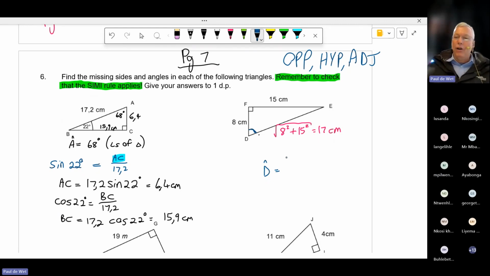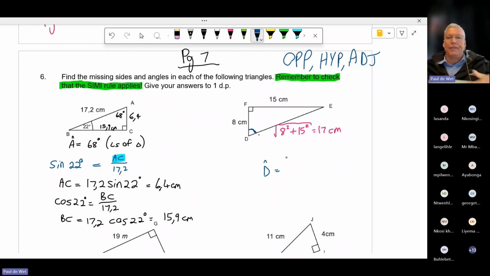If I hold up a phone and ask what this is, it's a phone. If I hold up a cup, it's a cup. You don't have to think about that. If I say sine, you must say opposite over hypotenuse, y over r. If I say tan, you say opposite over adjacent, y over x.